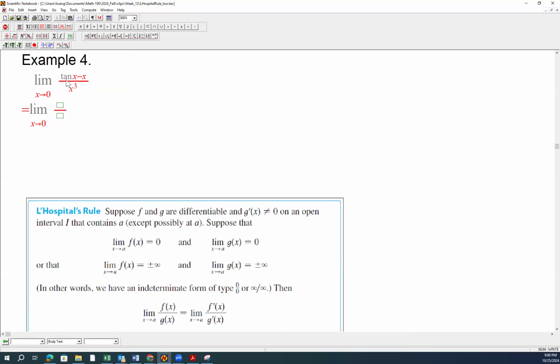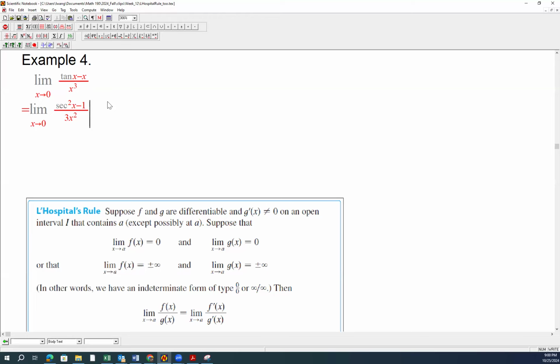And we're going to take a derivative of the numerator separately. So secant squared of x minus 1. And the derivative of the denominator, x to the power 3, is going to be 3 times x squared. So by this time, what do we do next?